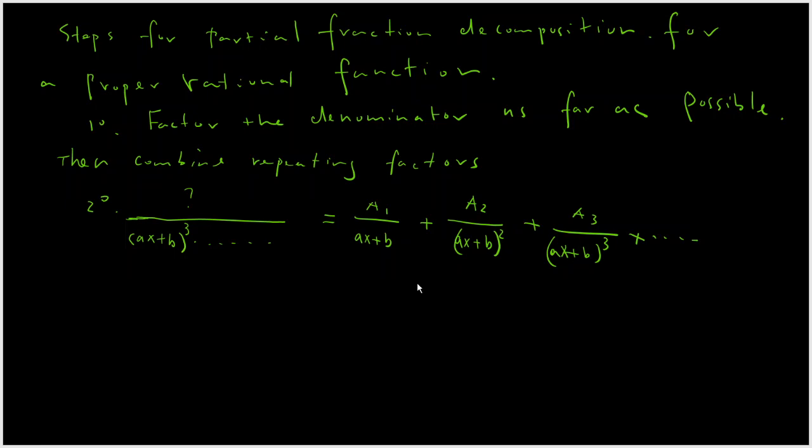Okay, now I want to give you the general form. Okay, I want to replace this 3 with any number n. If you have a linear function to the power of n, so correspondingly you have n terms. Okay. On numerator you have a number. I believe you can imagine the pattern.